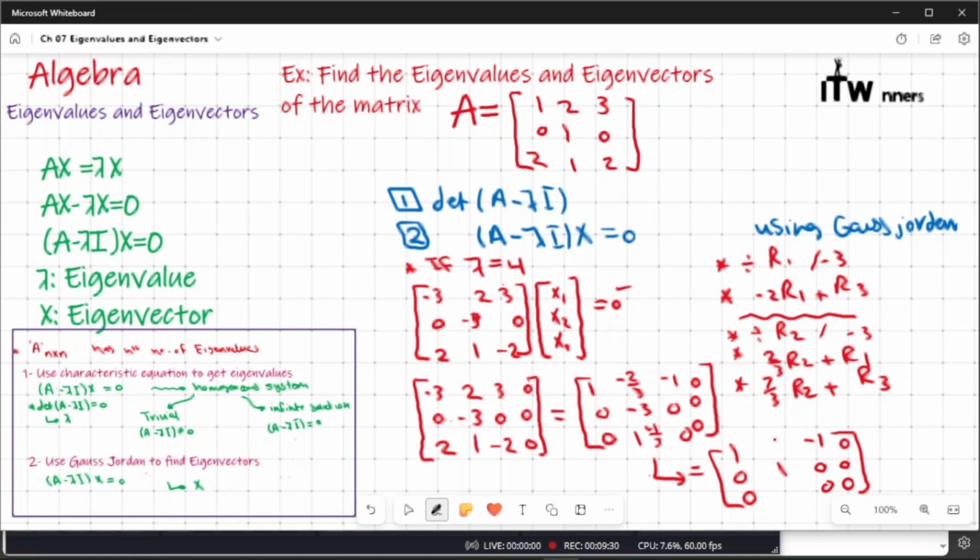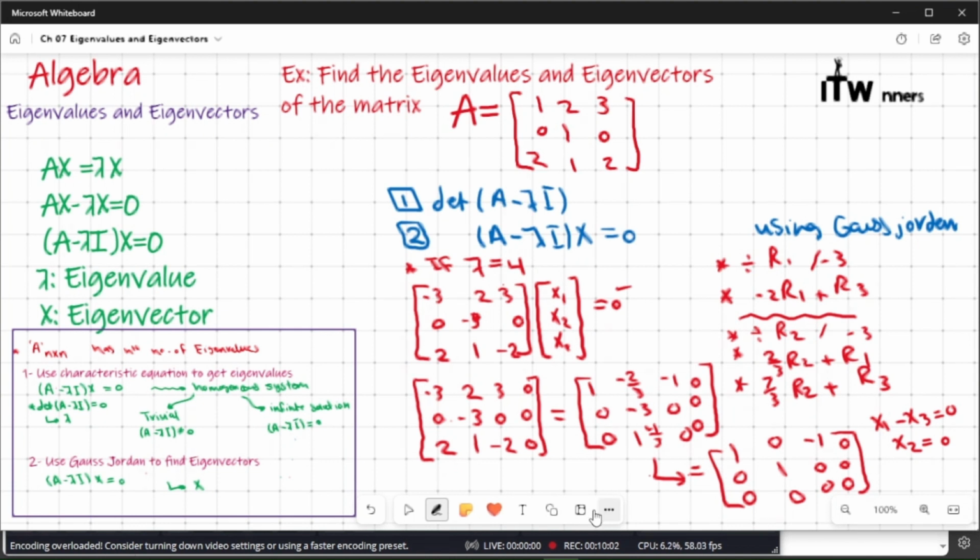This will be 0 multiplied by 7 thirds, then add to the third row, we have 0. So this will lead to, let me write this here, x1 minus x3 equal to 0, x2 equal to 0.